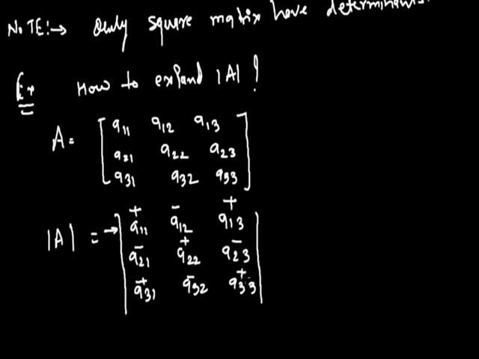If we expand the determinant along this row, we solve with alternate signs plus, minus, plus. If we expand along this column, plus, minus, plus. If we expand along this column, minus, plus, minus.